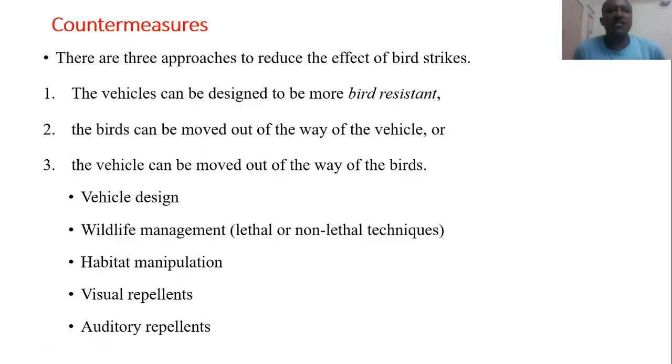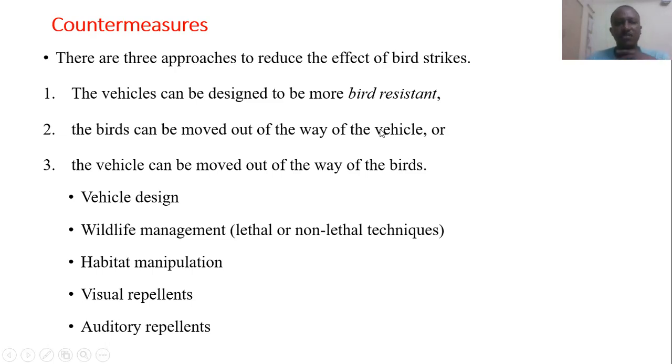So what are the countermeasures? What can the authorities concerned about this issue do? Three approaches are considered. One is that the vehicle can be designed to be more bird resistant.